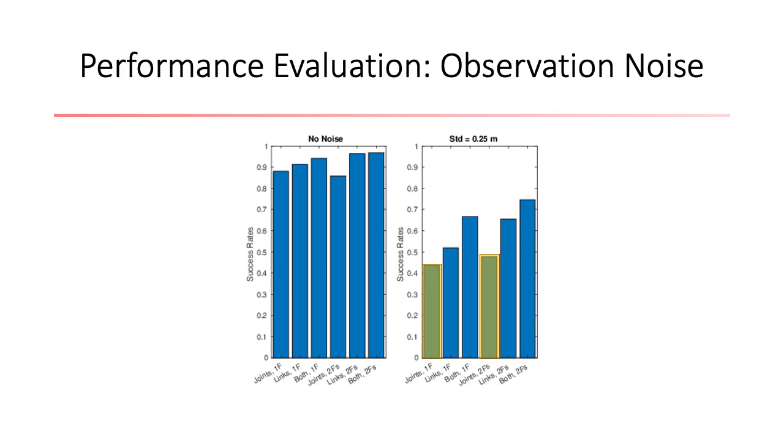Finally, for joints, this is the one case where joints two frames outperforms joints one frame, although they both do rather poorly. Multiple frames in general seem to be associated with greater resilience in the face of observation noise. It seems that extra frames and extra observation types produce less brittle policies in the face of observation noise.